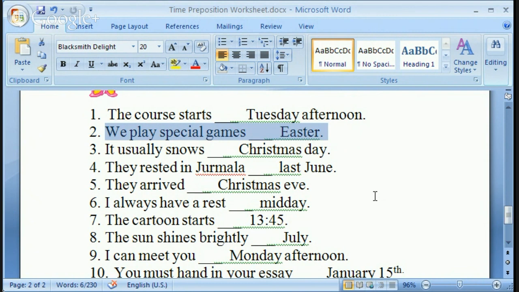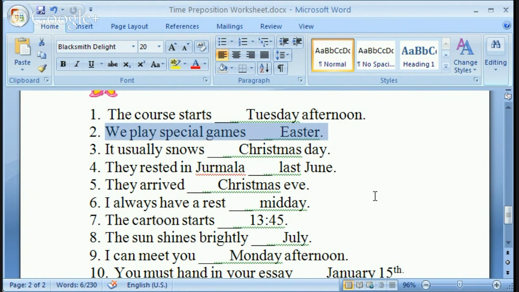We play special games at Easter. If you're considering the day, we play special games on Easter Day, or just on Easter. So with holidays, at or on are appropriate, but if you're saying on, then you're referring to the actual day, because we always use on for dates and days.